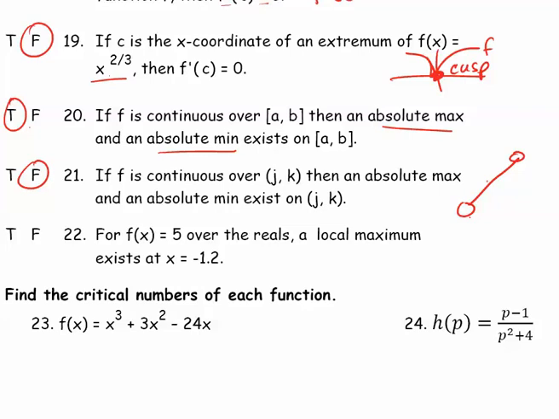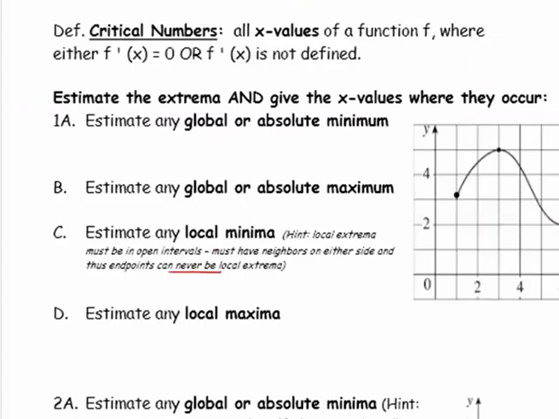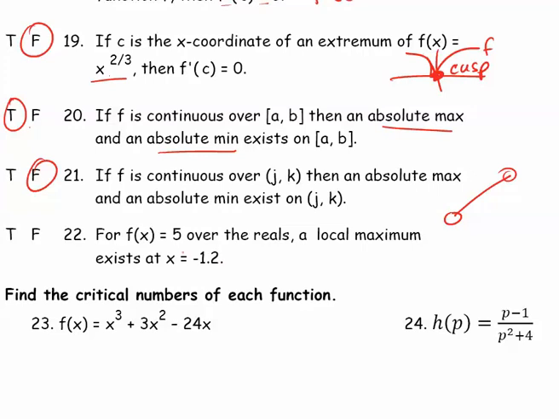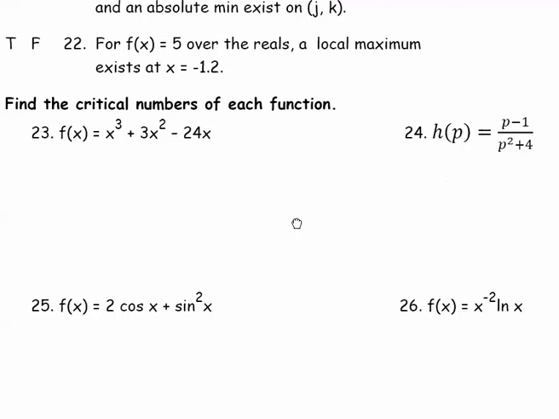So there's our counterexample for 21. 22 is our horizontal line. So does it have a local maximum? Our horizontal line would have 5 as its maximum everywhere. So not just at that x-coordinate, but at every x-coordinate. So we'll go with true for that one.